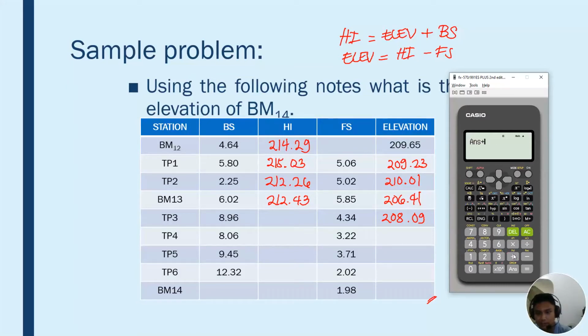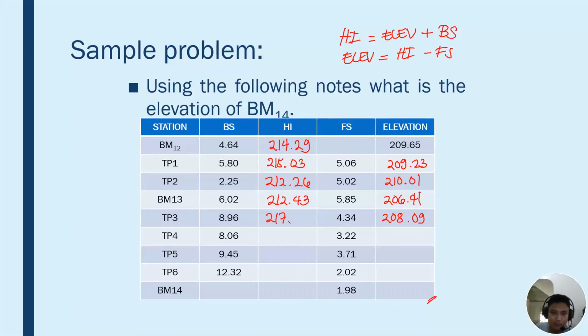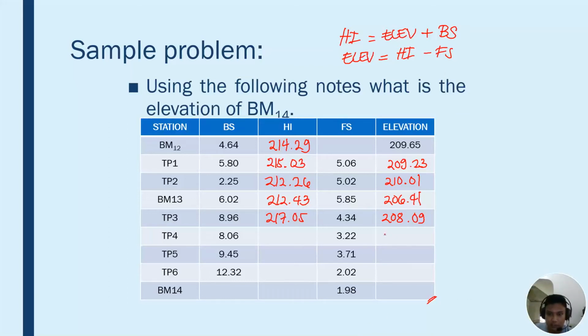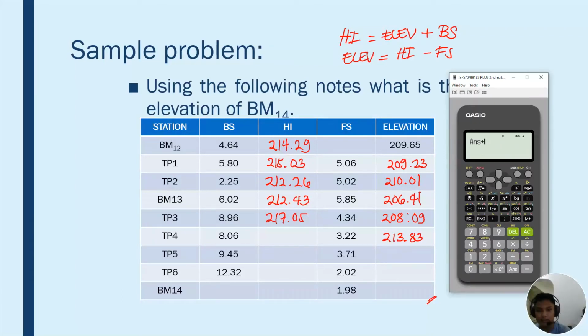Then add 8.96, 217.05. Then subtract 3.22, 213.83, plus 8.06 is 221.89.